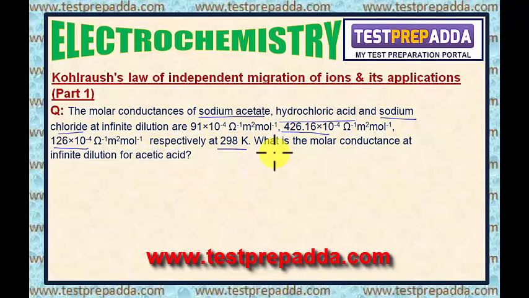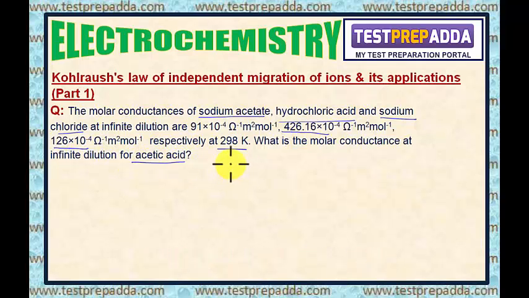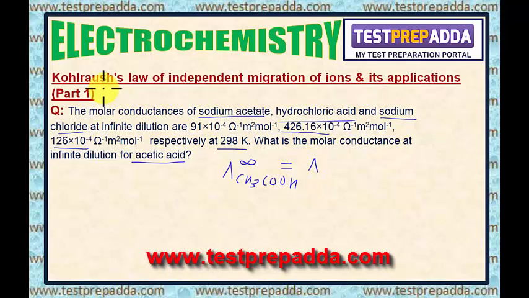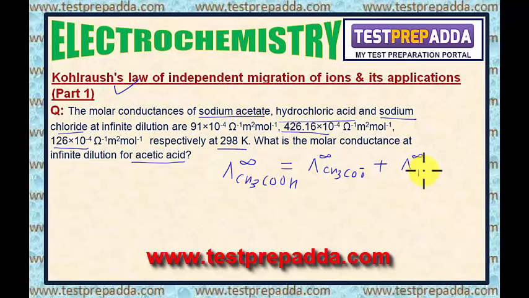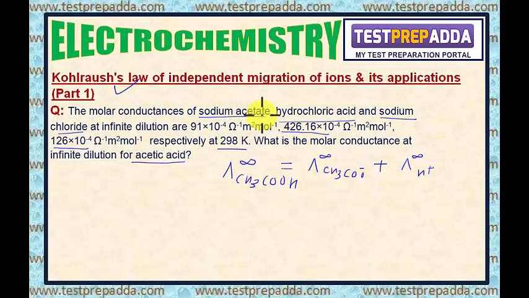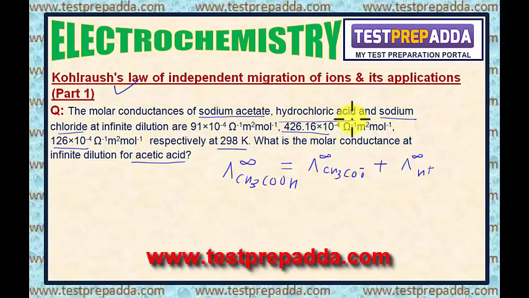What is the molar conductance at infinite dilution for acetic acid? For acetic acid, which is a weak electrolyte, we have to find the molar conductance at infinite dilution. If I use Kohlrausch's law, I can write it as CH3COO minus plus H plus. Now look at the values given: sodium acetate, hydrochloric acid and sodium chloride.